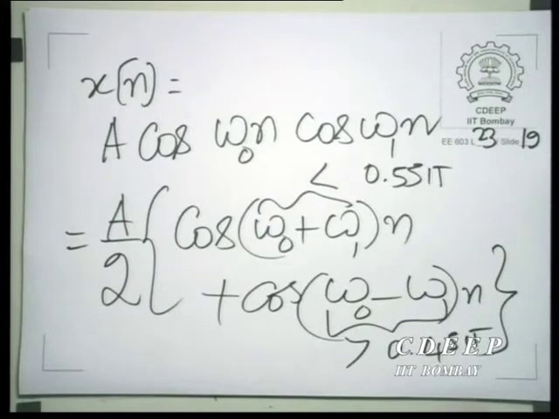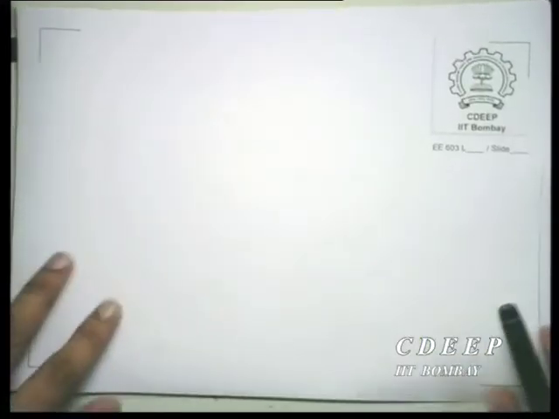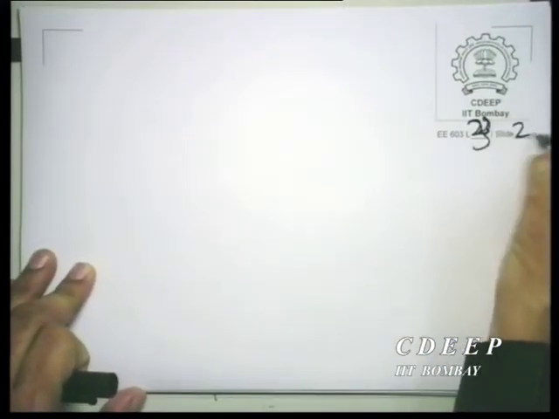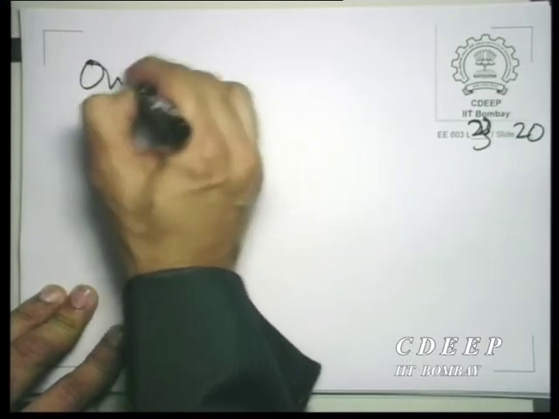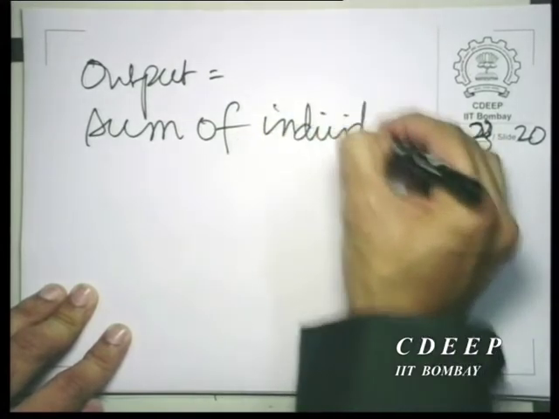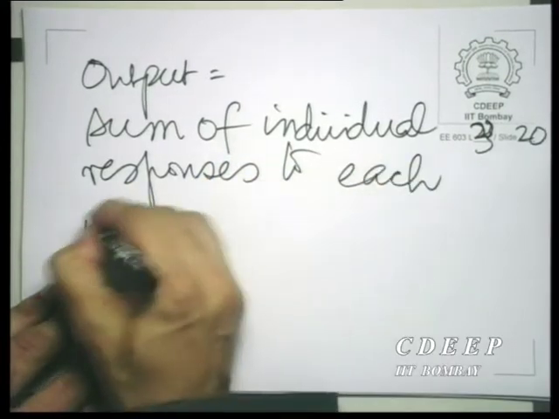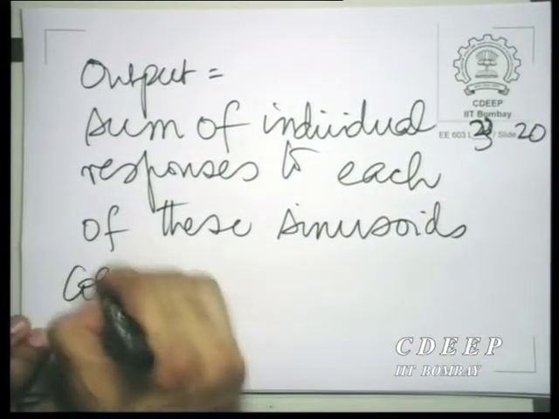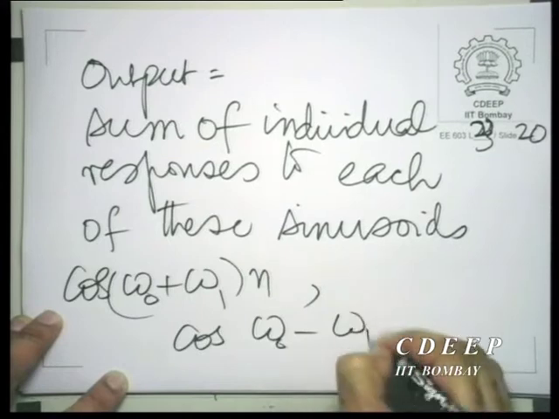Now, one can easily calculate the output in this case. Essentially, the input is the sum of two sine waves, and the output is the sum of the individual responses to each of these sine waves: cos of omega naught plus omega 1 times n and cos of omega naught minus omega 1 times n.